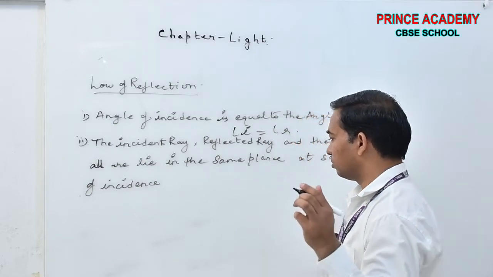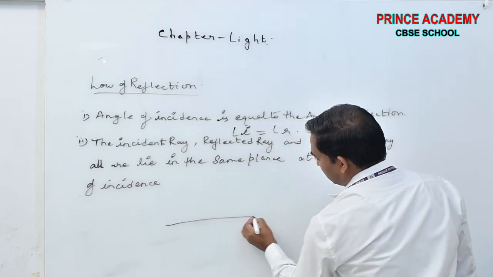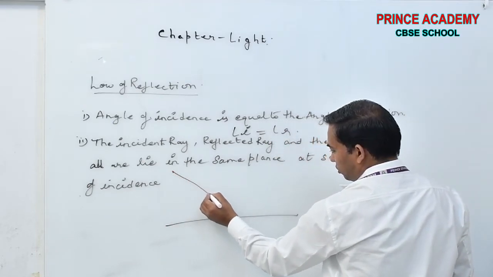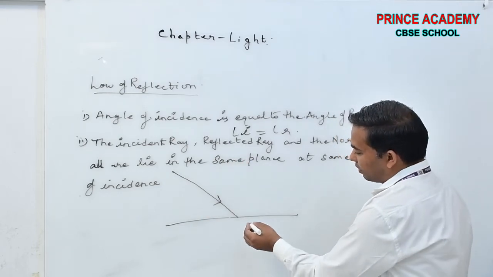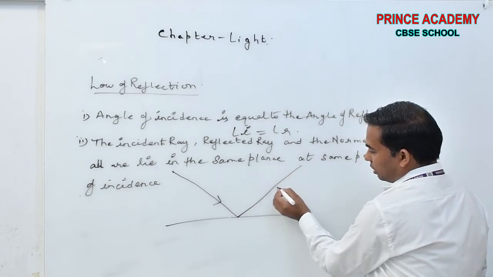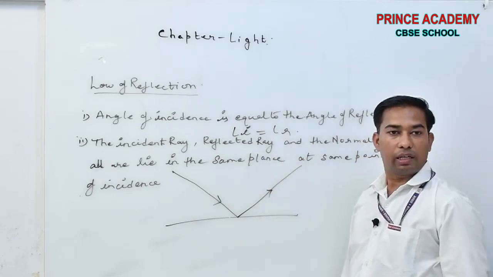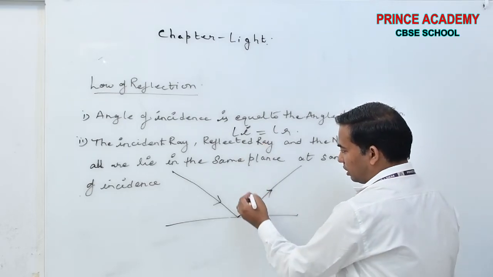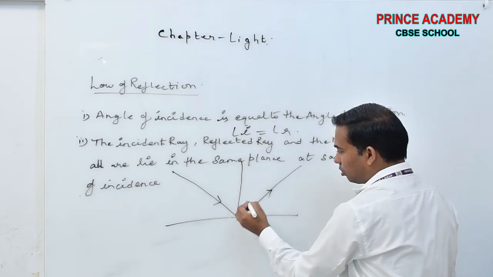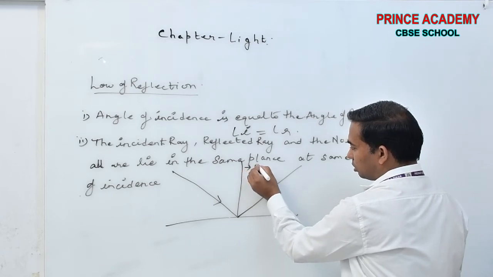How can you understand these laws? The incident ray of light is here, and this ray of light is reflected in the same medium according to the reflection. This is called the normal ray. Normal ray means perpendicular.